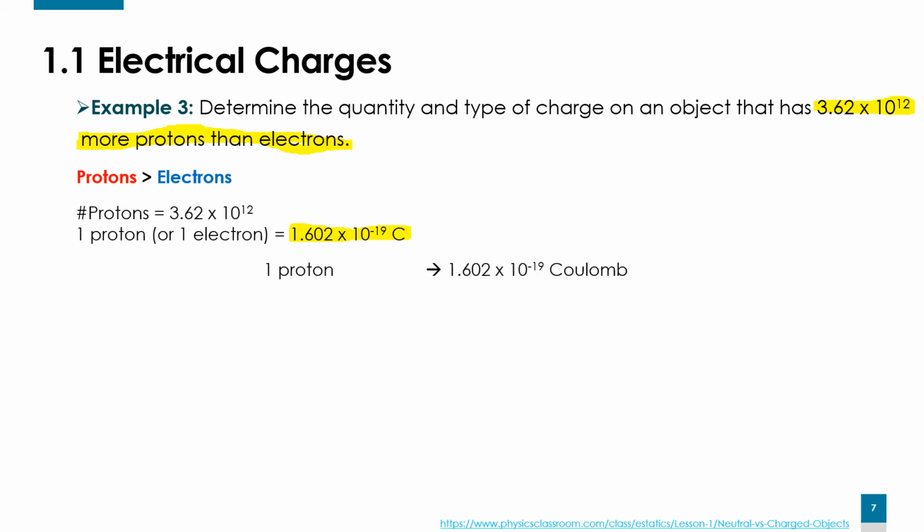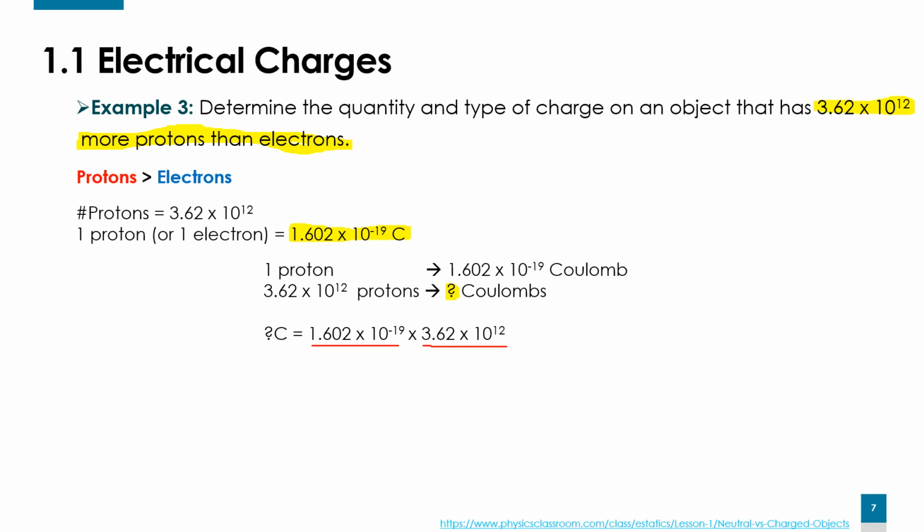What's going to be the charge of 3.62 times 10 to the power 12 protons? Just a multiplication, right? The total charge is going to be the charge of one proton times the number of protons that I have.